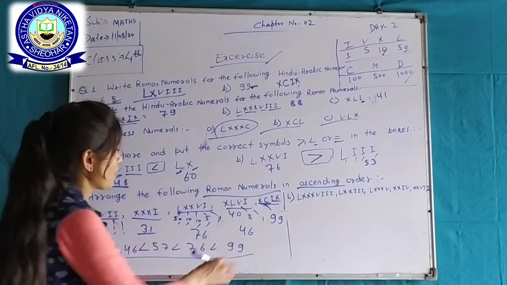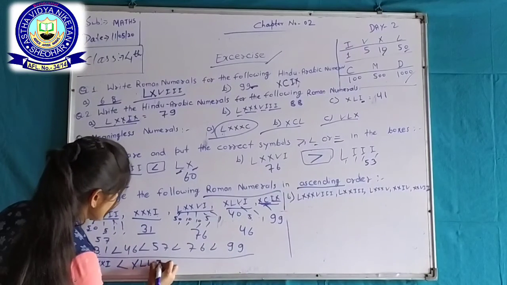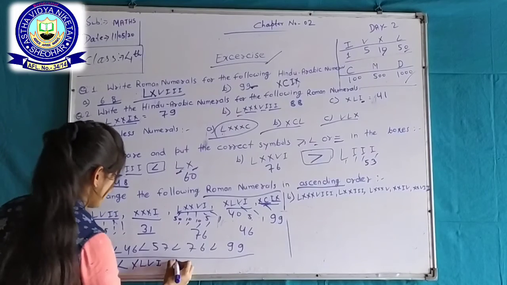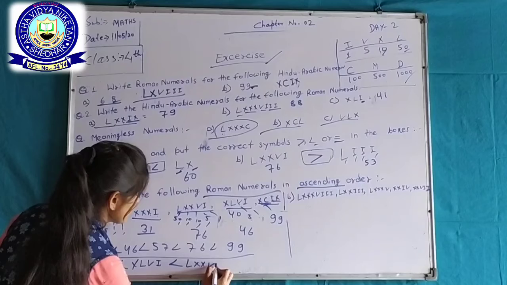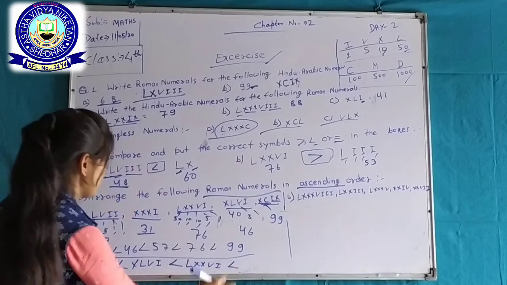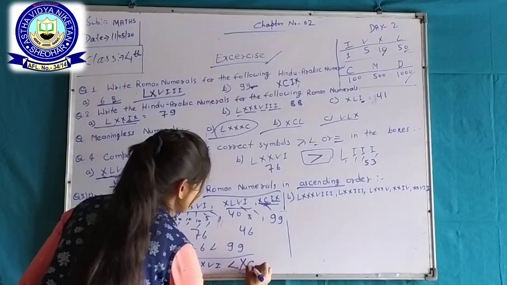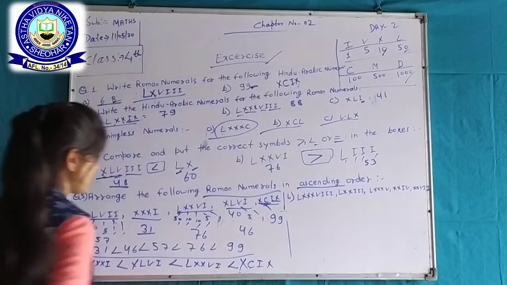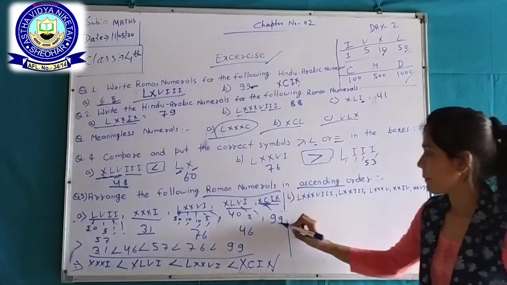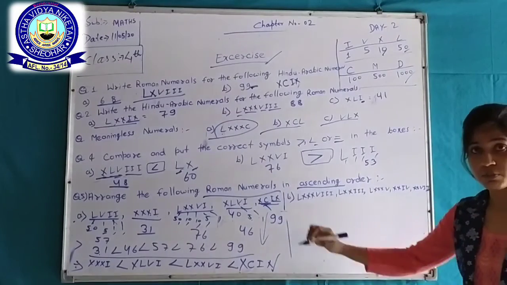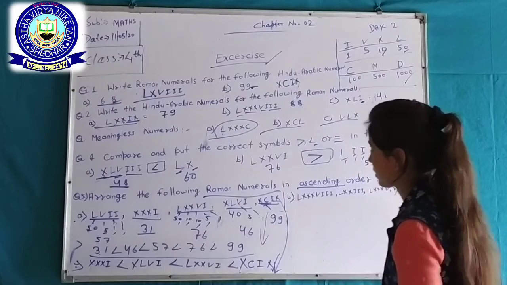The Roman numeral for 46 is X, L, V, I. It is smaller than 76: L, double X, V, and I. And 99: here is 99, X, C, I, and X. It is in ascending order. By this process, it will be easier than writing directly in this way.